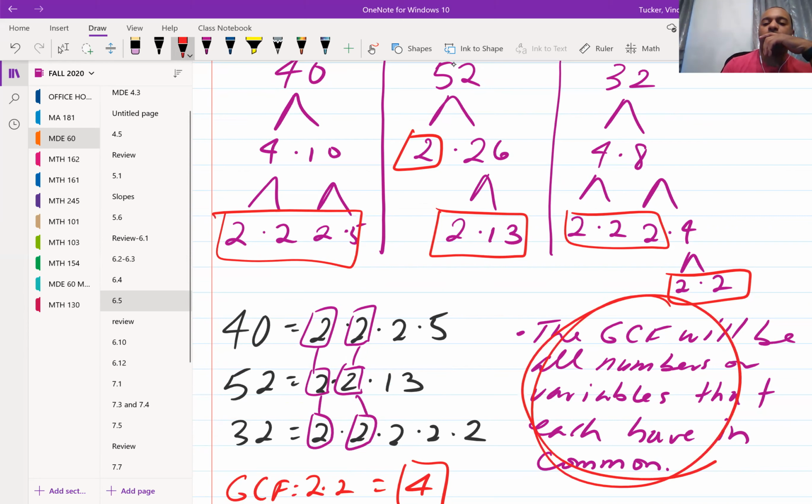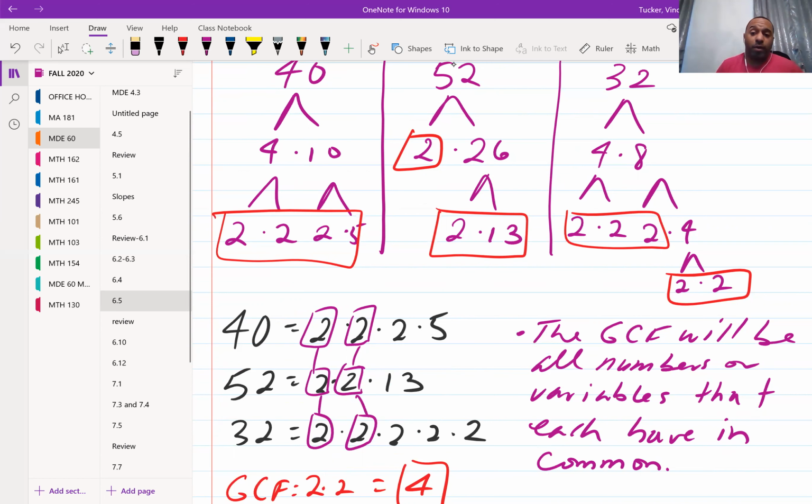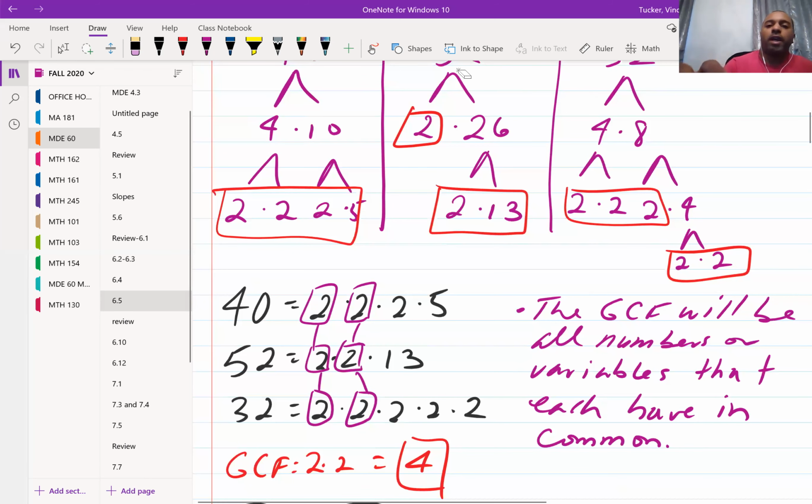And then right here I say that the GCF will be all numbers or variables that each have in common. So when we look at our 3 numbers, they had 2 2s in common. So our GCF is 2 times 2, which is 4. So 4 is the largest number or term that I can pull out of all three numbers.